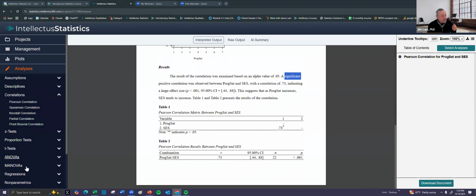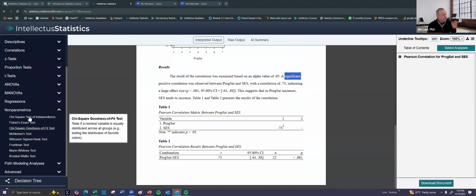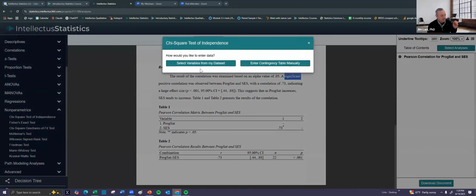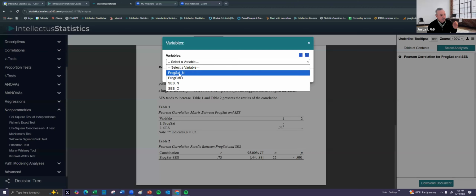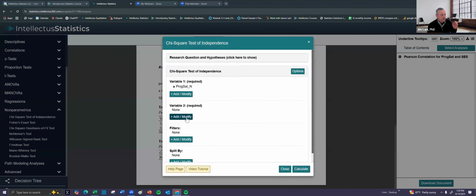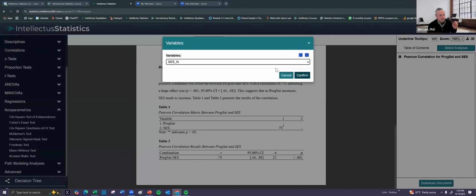I could also have had both of those as nominal. If they're both nominal, does A relate to B, or does satisfaction relate to SES? I can do a chi-square test, and I can select my program satisfaction nominal and my SES nominal.